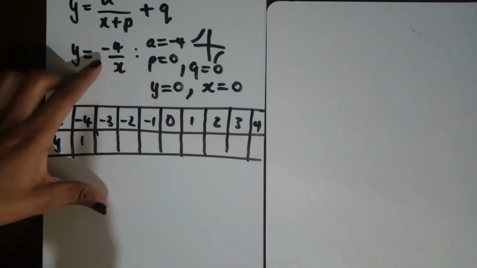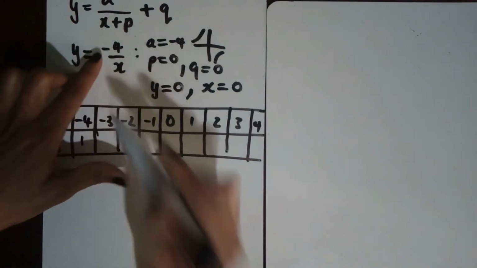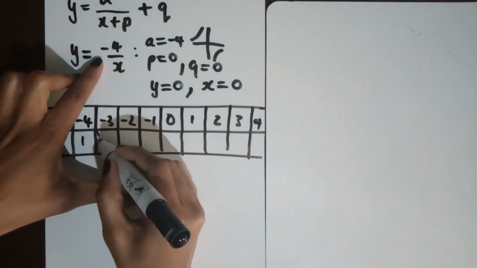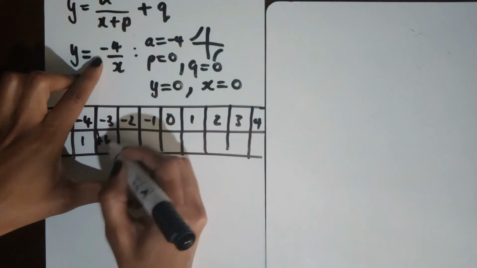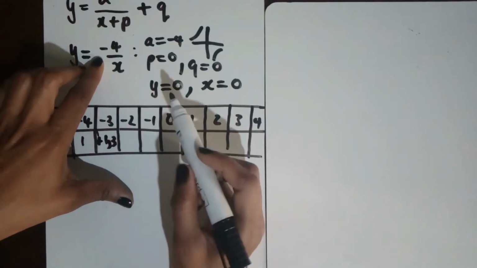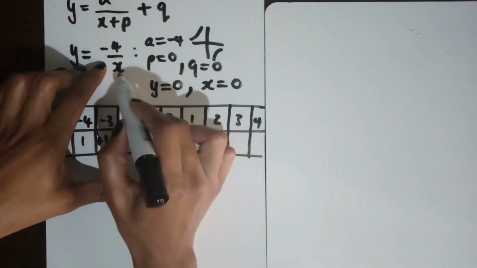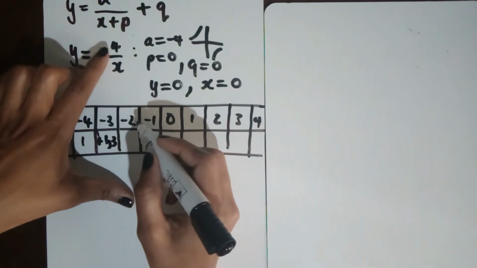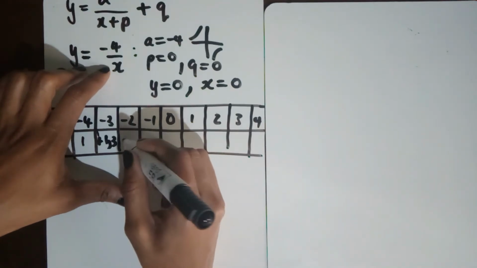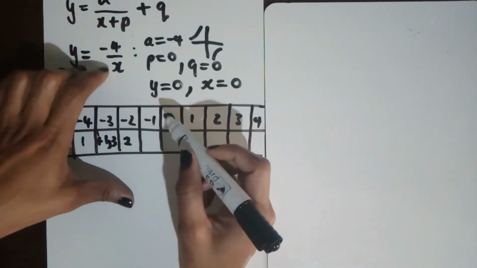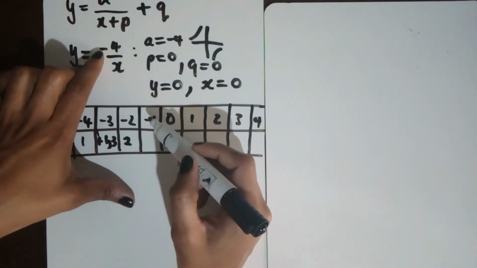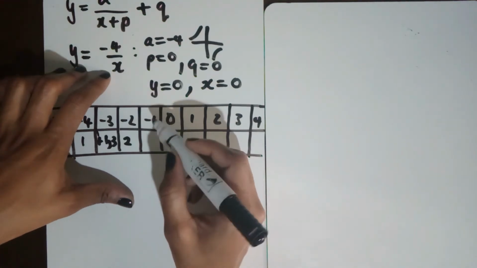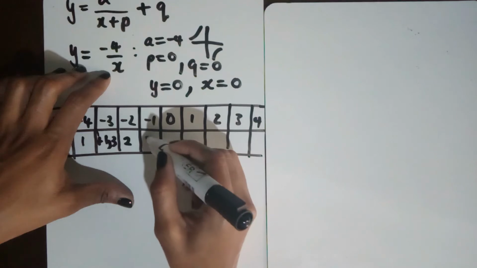When x is -3, it's -4 divided by -3, which gives me 1.3. You can just use your calculator. When x is -2, it's -4 divided by -2, which is +2. And then when x is -1, it's -4 divided by -1, which will give me 4, right?